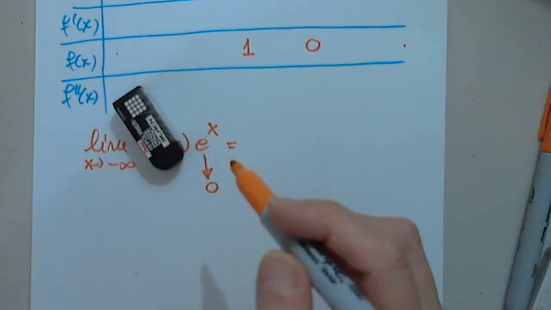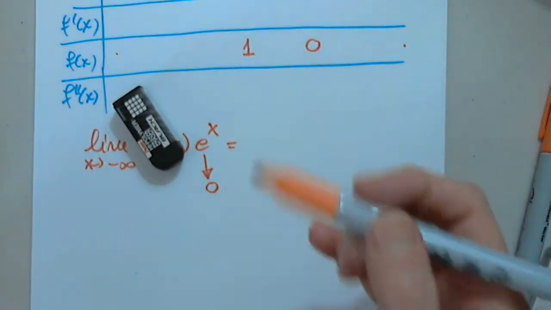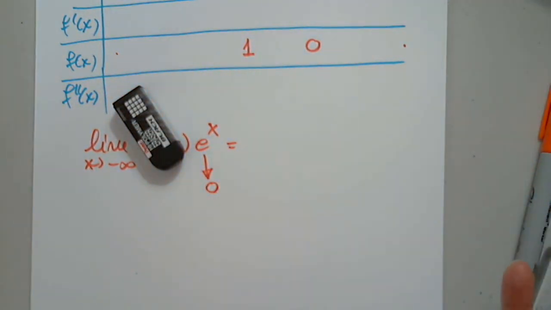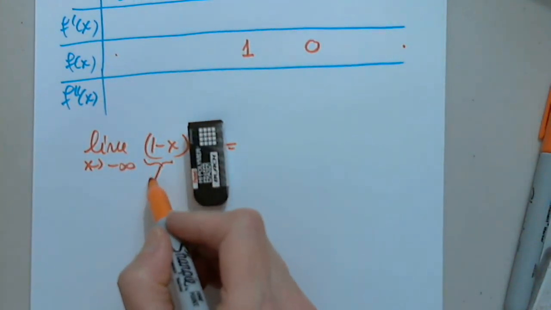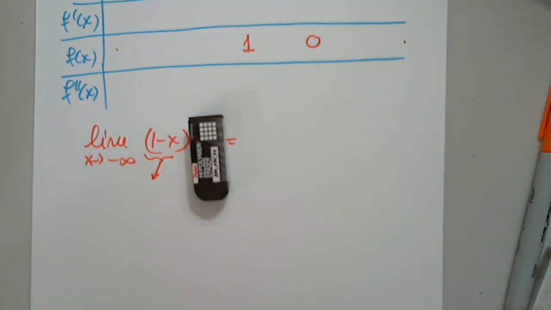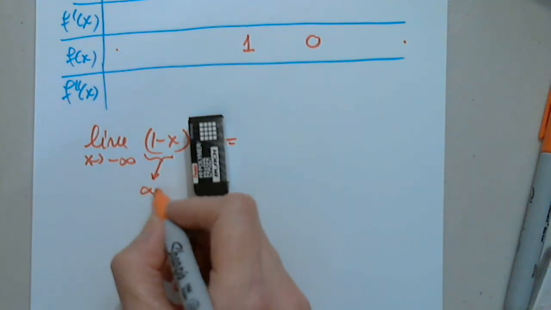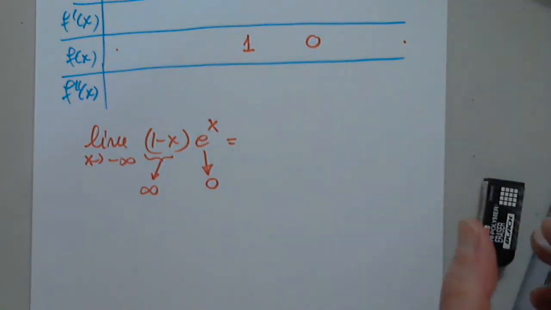Excellent, very good. So it's e to negative infinity, which is 1 over e to infinity, which is 1 over a big number, which is 0. Awesome. What about this? Where is this going? Positive infinity. Yes, it is.